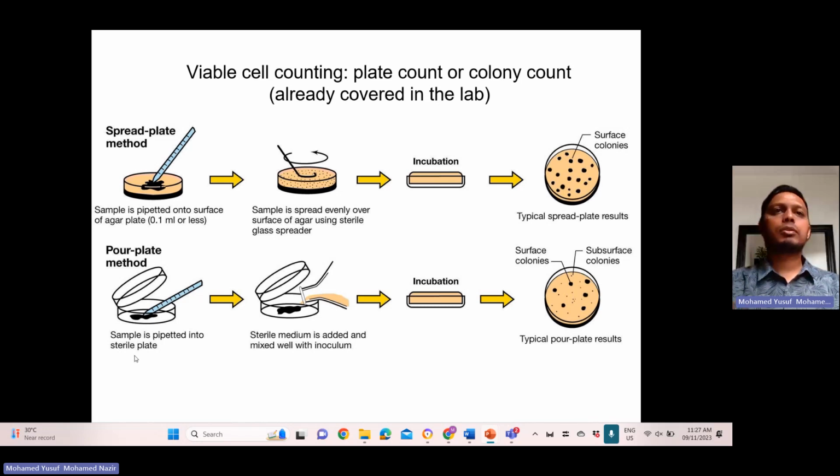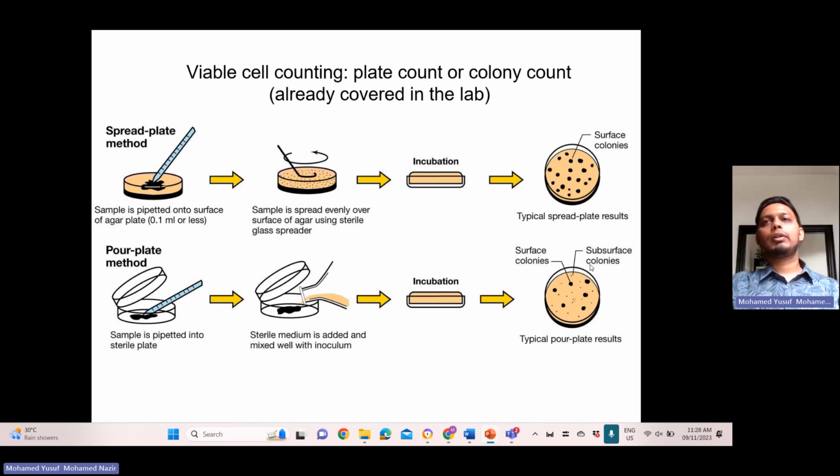The way we do it is normally we pipette 1 ml. So the volume is higher than the spread plate method, and then we mix it with the molten agar. This molten agar will be around 40 to 45 degrees. And then after incubation, we'll be able to measure the surface colonies and also the subsurface colonies.